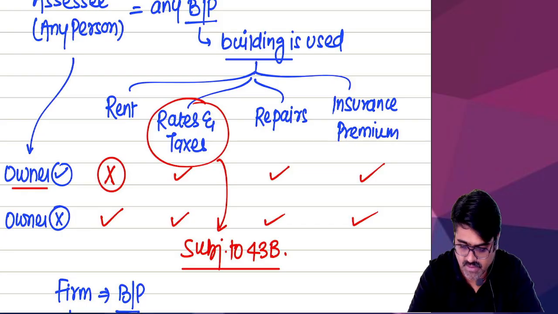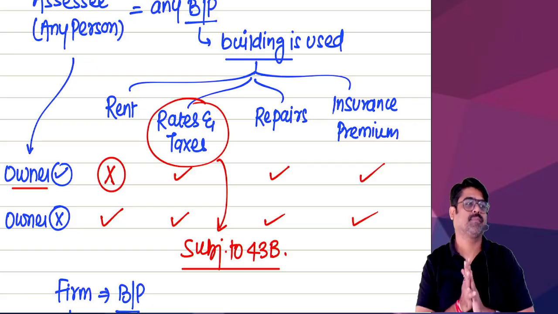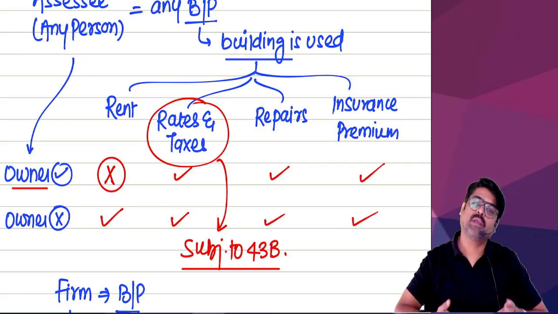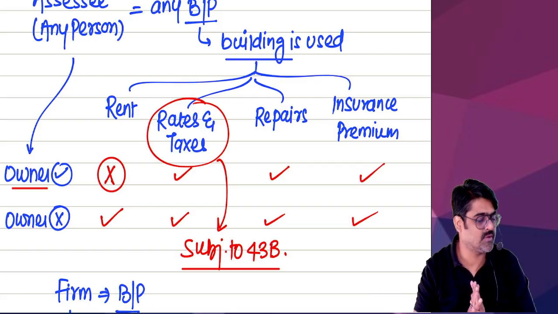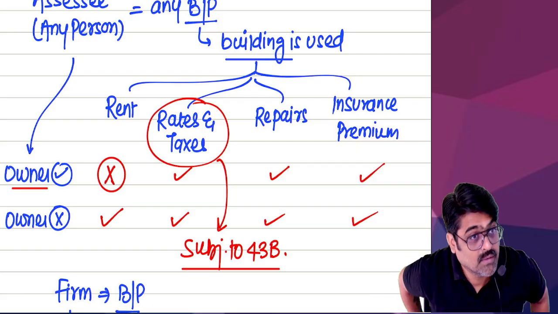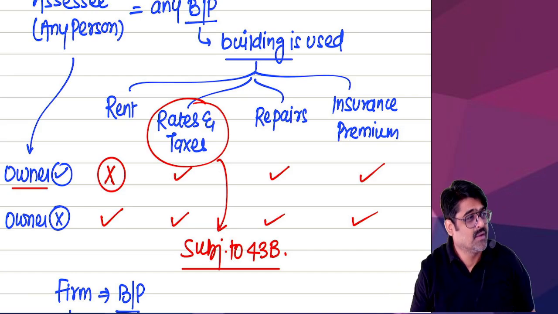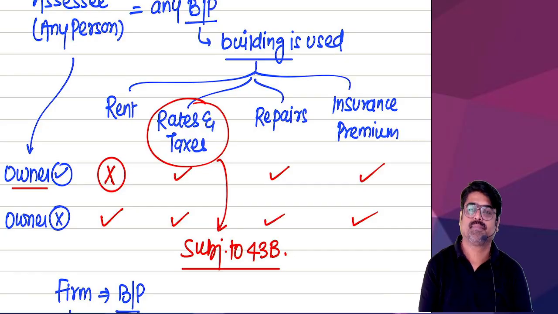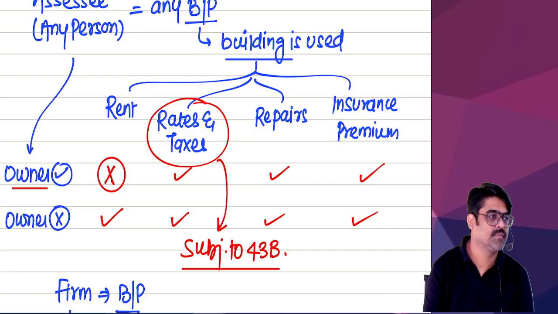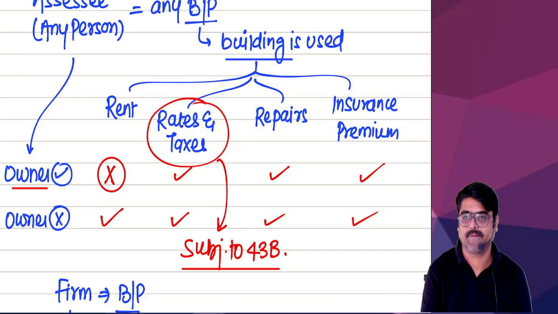So for example, let's take one example. I am an assessee. I am using my own premises, my own building, for my business or profession. Possible, not possible? Yes or no? And on that premises, I am incurring some capital repairs. Will it be allowed under section 30?